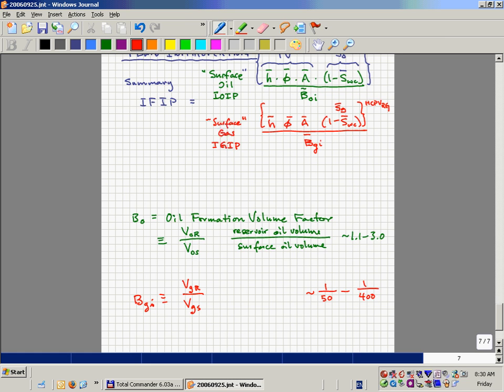What 50 says is that for every reservoir cubic meter you have in the reservoir of gas, you get 50 standard cubic meters at the surface. Okay? That's a low pressure. This would be a low pressure reservoir. And this would be something like Kristin, or maybe it's only 300. Very high pressure reservoir. In fact, probably 400 would be the absolute maximum anywhere in the world.